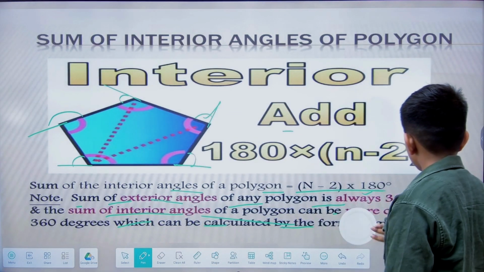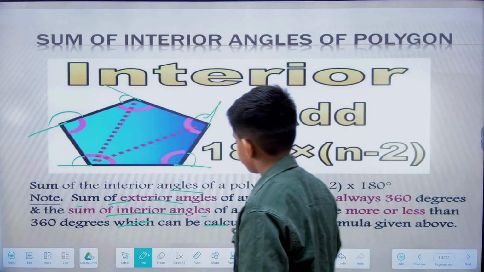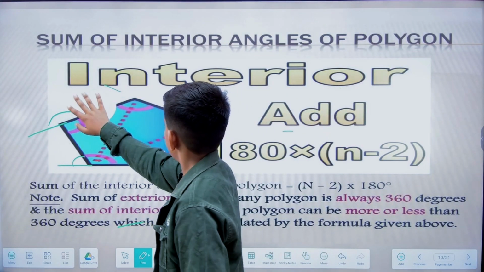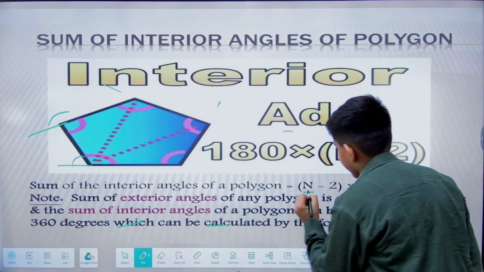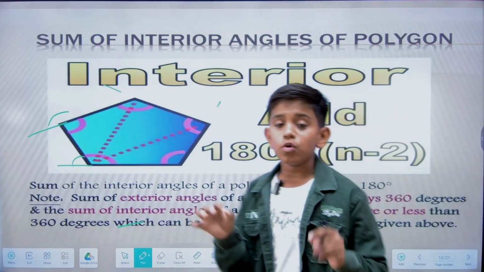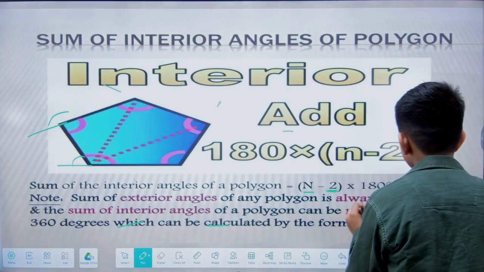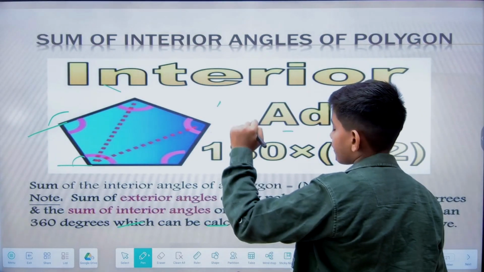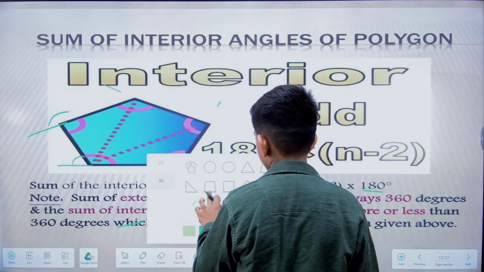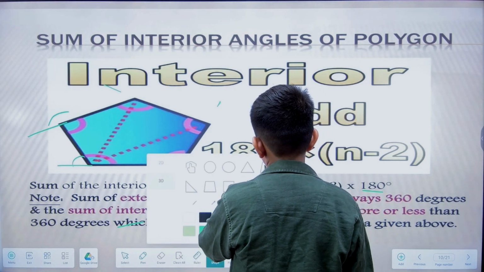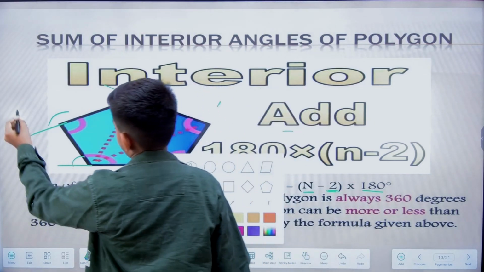So how can we calculate? Let's see with one example. Number of sides minus 2, into 180. How many sides are there? We have to subtract 2 from that, into 180. So here we will take an example of a rhombus.